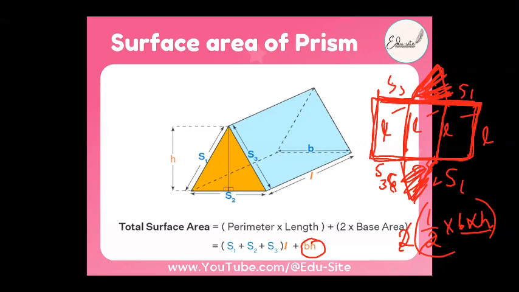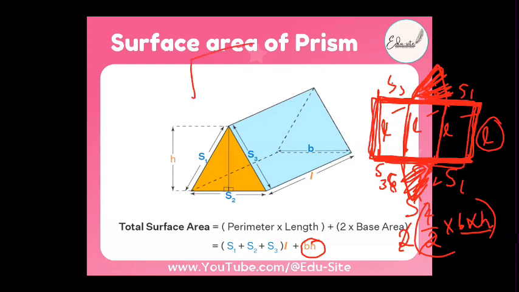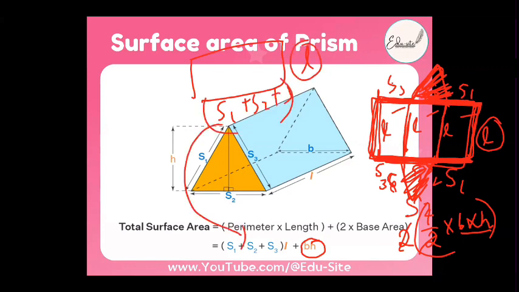If you add S1 plus S2 plus S3, you get the whole width, multiplied by L. So this is S1 plus S2 plus S3 multiplied by this length L. Understood now? It's very easy, right?